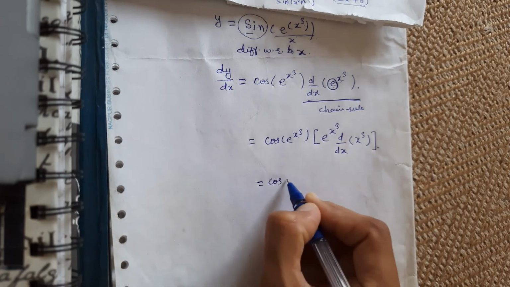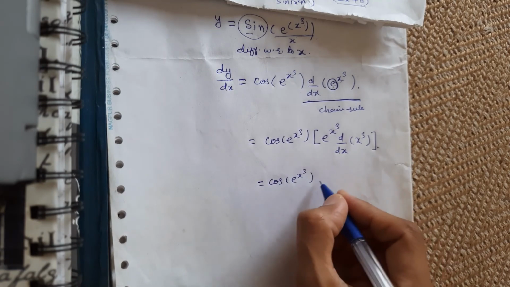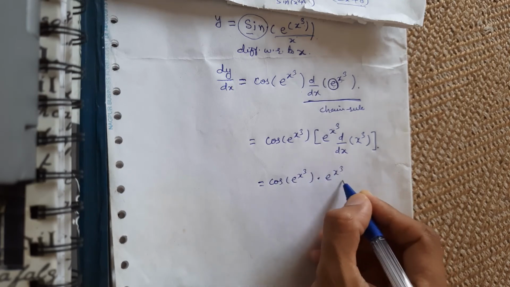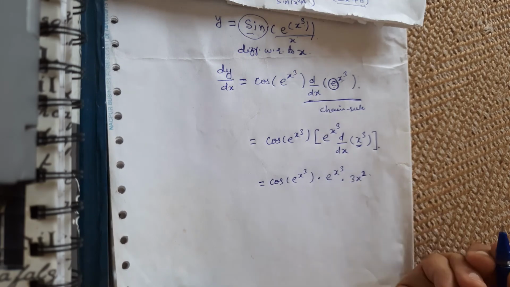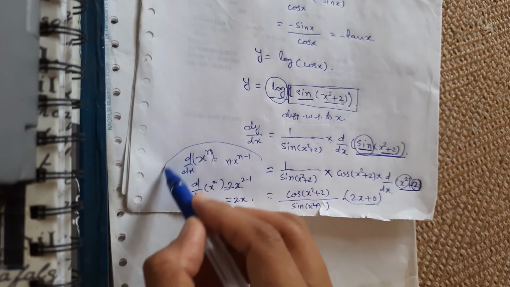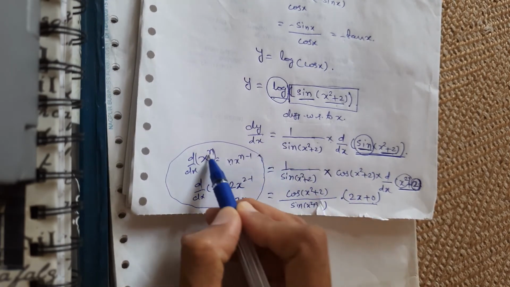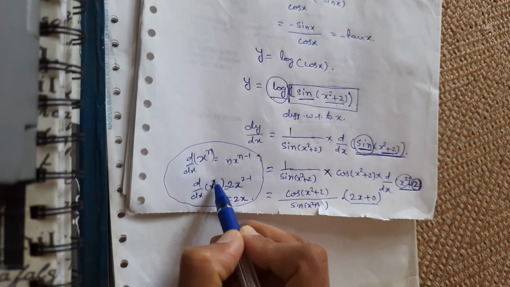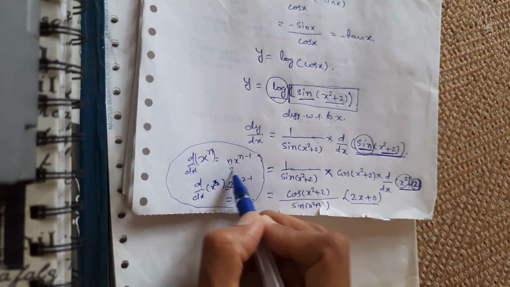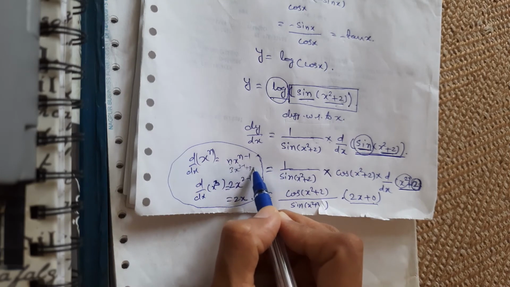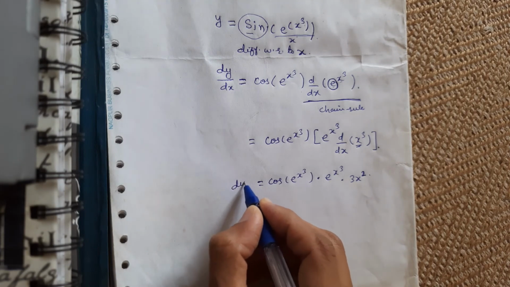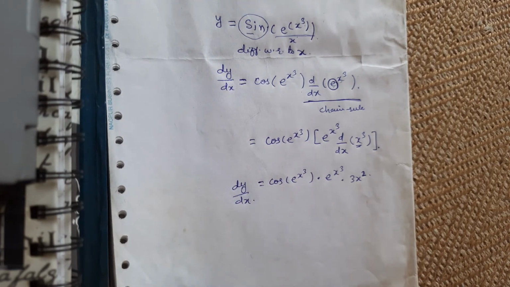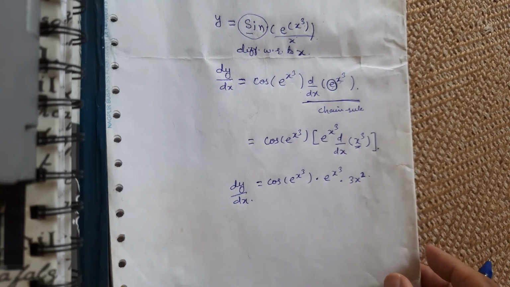So I get cos(e^(x^3)) into e^(x^3) multiplied by the derivative of x cube, which is 3x square. Again use the same logic here. Just substitute the value of n as 3, and you will get 3x^(3-1), that is 3x square. That's what I write here. So this is my dy by dx. That's how we solve the problem using the chain rule.